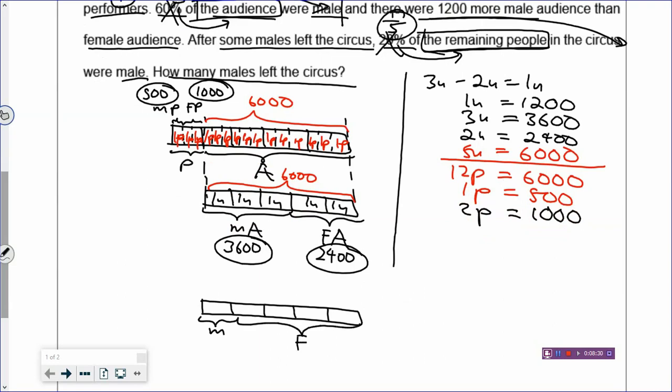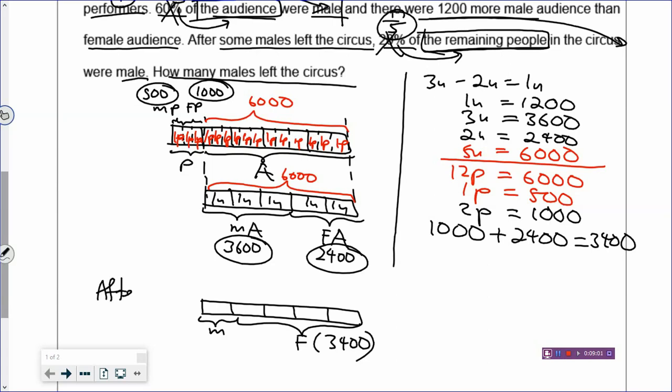So can you find how many females are there altogether, which is unchanged? You look at the female performers, which is 1000, plus 2400 female audience, right? And you will get a total of 3400 females. And these 3400 females are unchanged. No females leave the circles, and there will be 4 boxes in the after model.